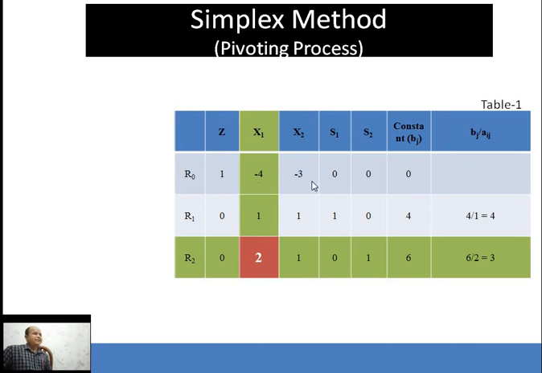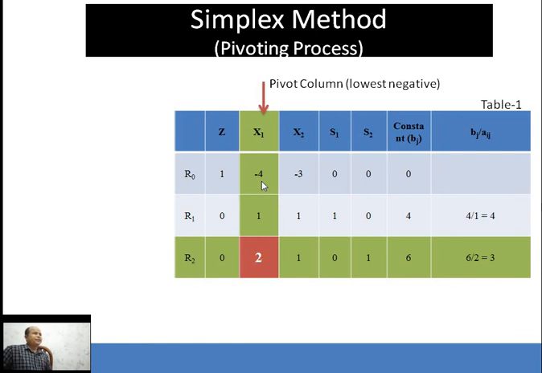Out of these two, -4 is the lowest negative value. The column where the lowest negative value exists is called the pivot column.